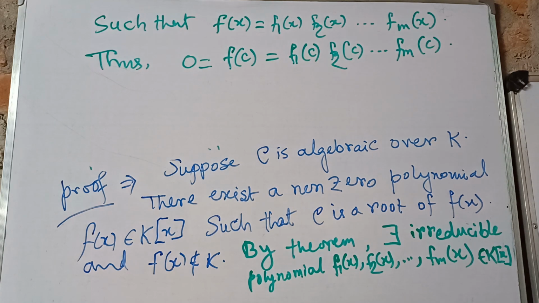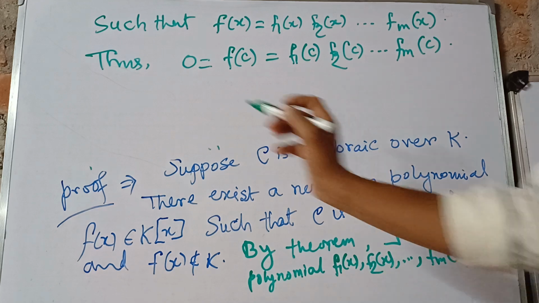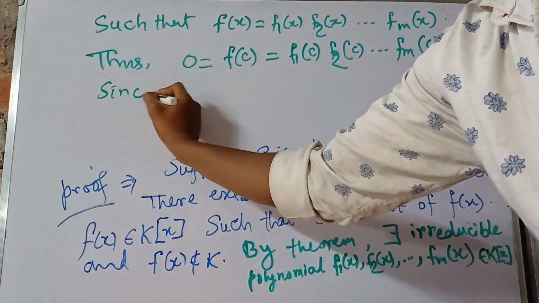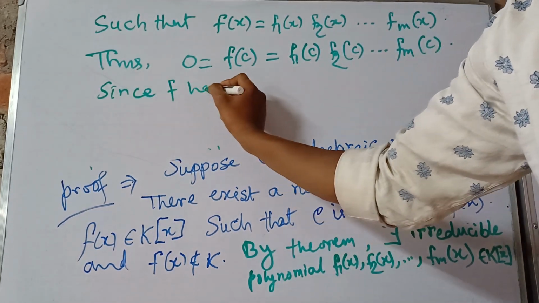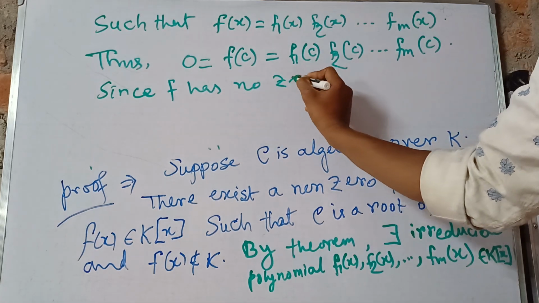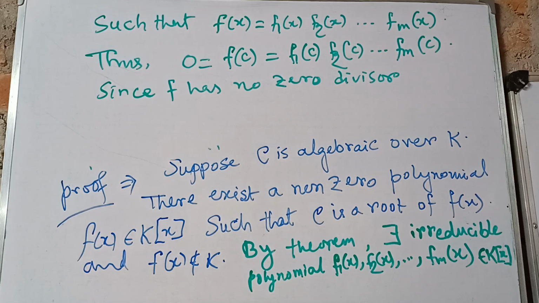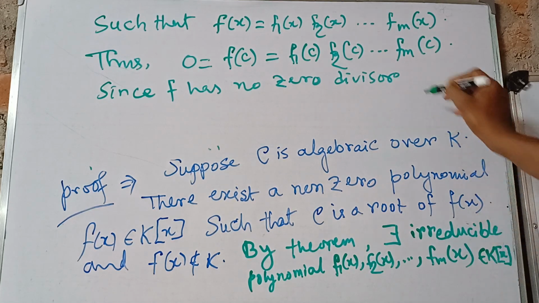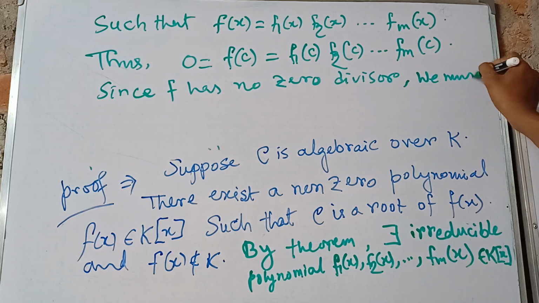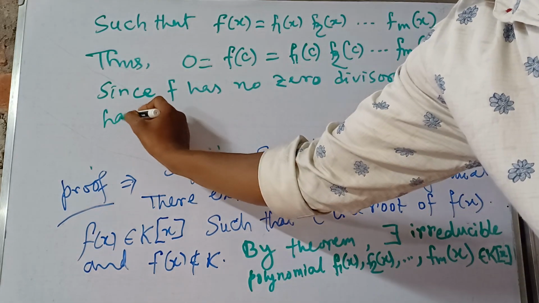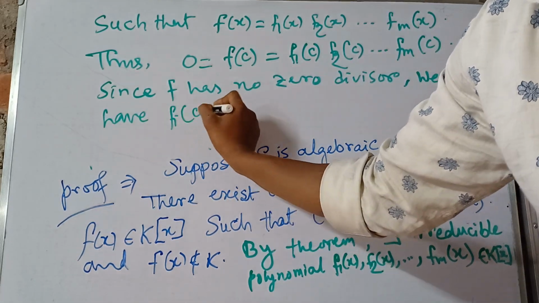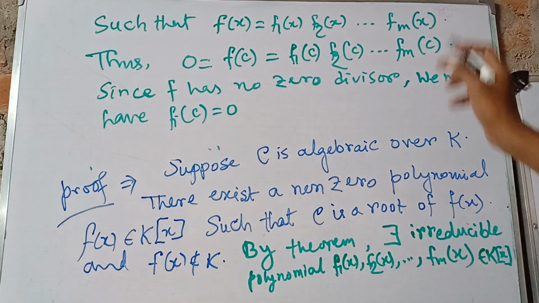Since F has no zero divisor, we must have fi(c) equal to 0 for some i.